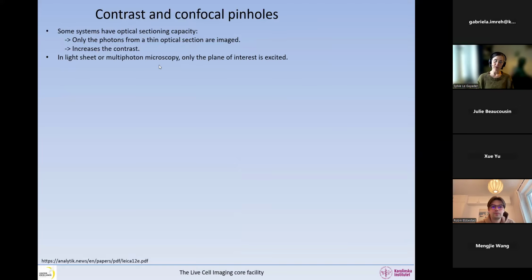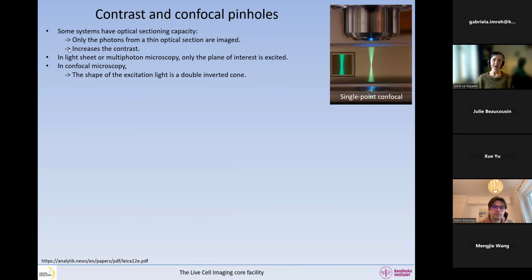In light sheet and multiphoton microscopy, only the plane of interest is excited, whereas in confocal microscopy, so single point confocal or multi-point confocal, the spinning disk, the shape of the excitation is a double inverted cone, and that means that we are bleaching above and below. But once all these fluorophores are fluorescing, we throw away everything that comes from above and below, and we keep only what comes from here, and this is what we send to the detector.